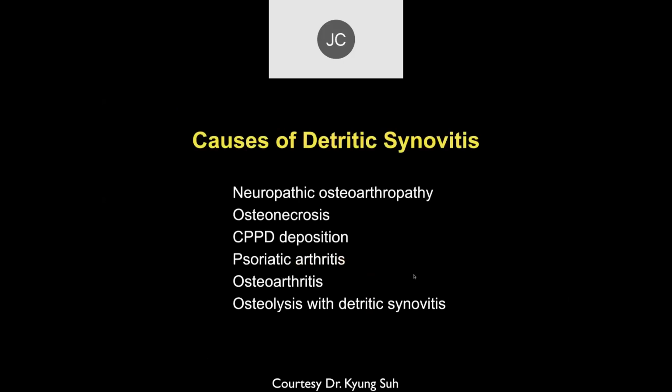So that would be the same as what happens in your shoulder as well. It typically happens in the shoulder when you have cervical spine disease. Then you'll get loss of sensation.